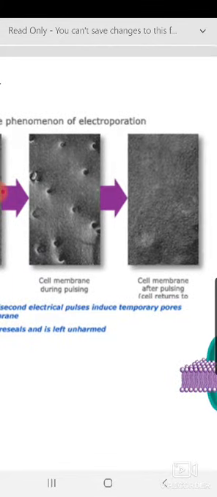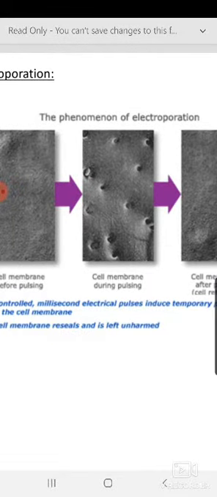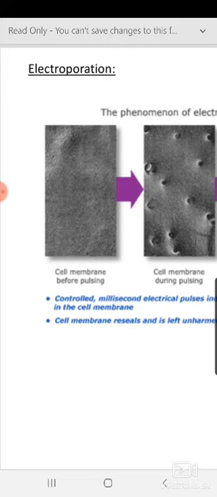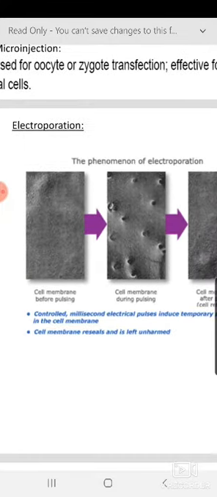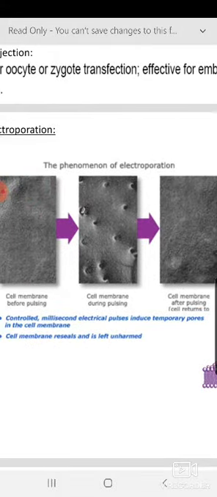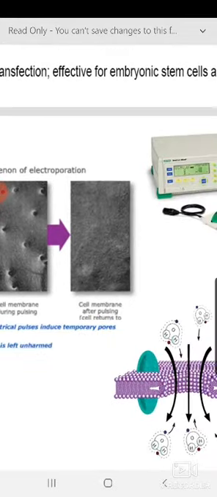Once you withdraw that electric pulse, the cell membrane will be repaired again, and by that time, because these holes are formed, the gene of your interest or the recombinant vector DNA will go inside the cell. So a controlled millisecond electrical pulse induces temporary pores in the cell membrane, and the cell membrane reseals and is left unharmed. Most of the cases it's unharmed.